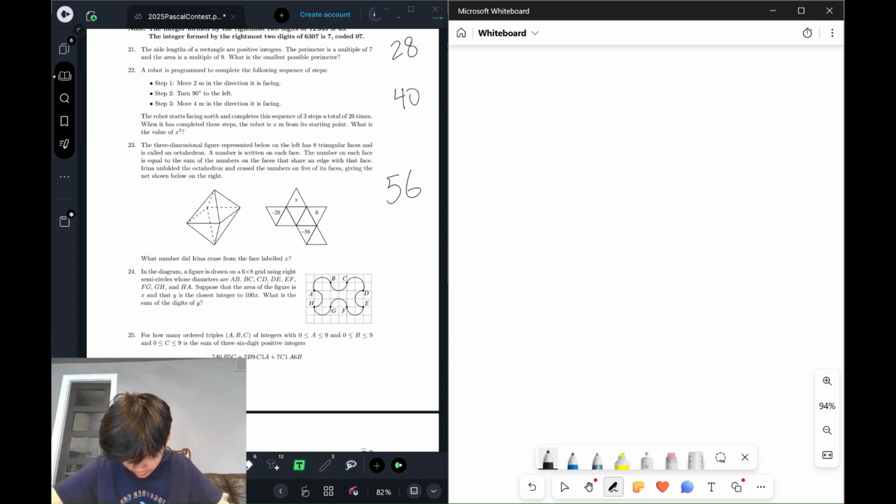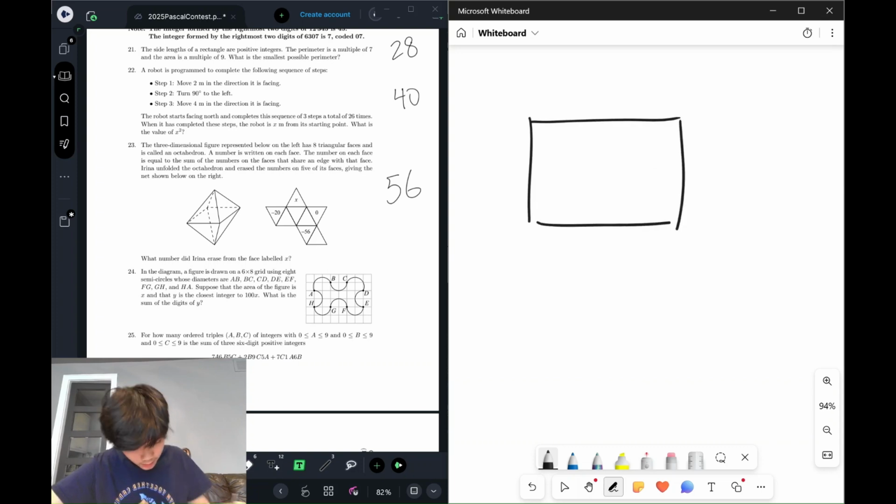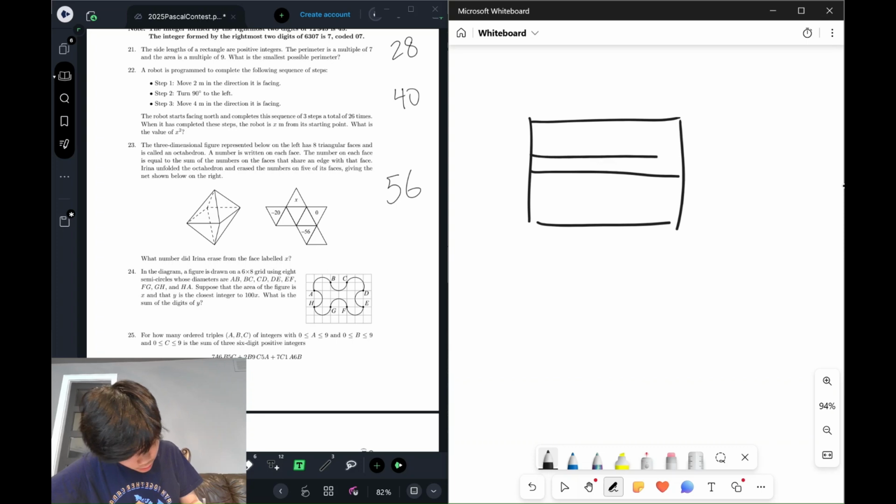We have a diagram with a lot of semicircles, and we want the area of this figure. Okay. So I'm going to draw this over here, on a 6 by 8 grid.